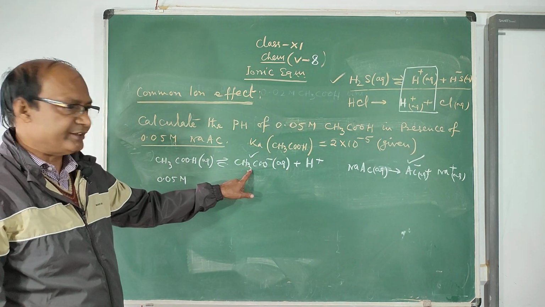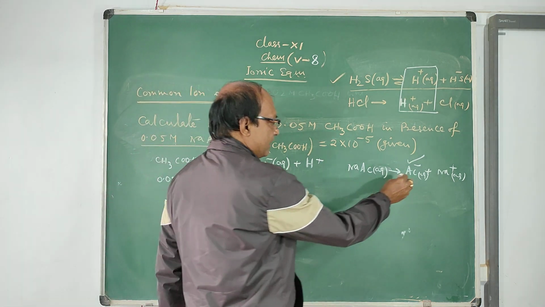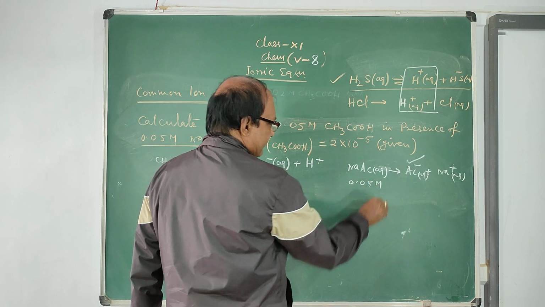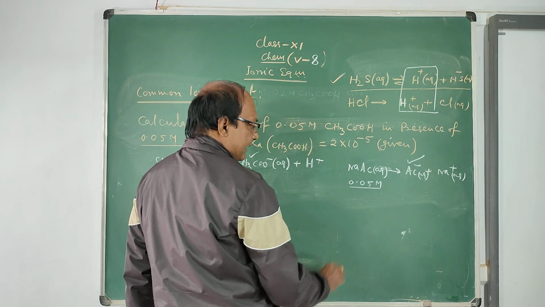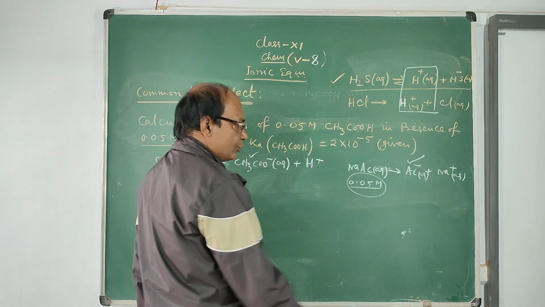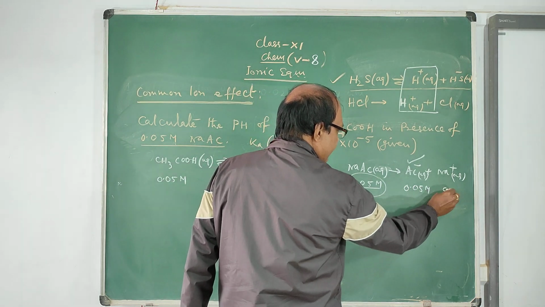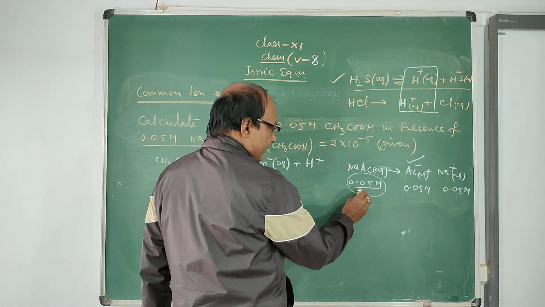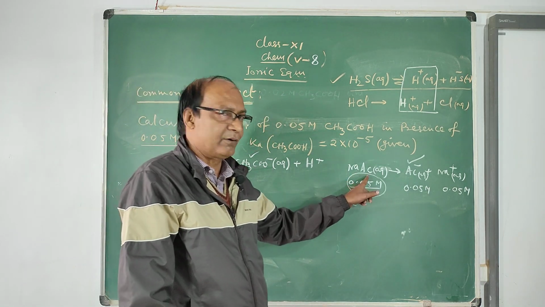This is Ac minus, the acetate ion. The concentration of sodium acetate taken is 0.05 molar. Whenever you take this concentration of sodium acetate in water, the entire part will be dissociated to form 0.05 molar acetate ion and 0.05 molar sodium ion, and the sodium acetate concentration will be equal to 0, because this is a strong electrolyte.